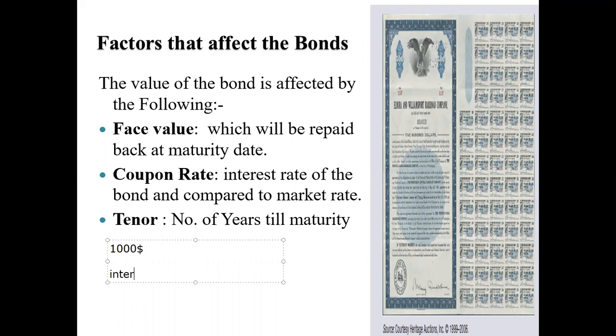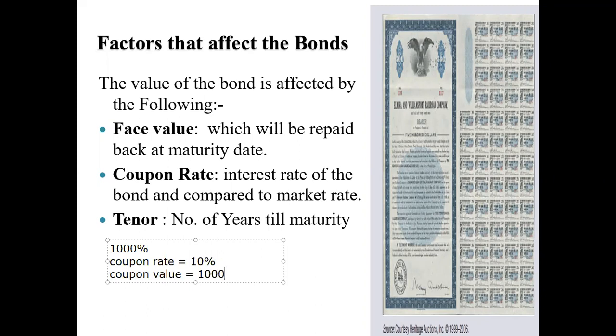And I look for the interest rate. No, it is not an interest rate. It is what we call a coupon rate. This $1,000, I'm going to have a coupon rate over it. So how much is this coupon rate? Let's say if the coupon rate is 10%, then the coupon value will be how much?